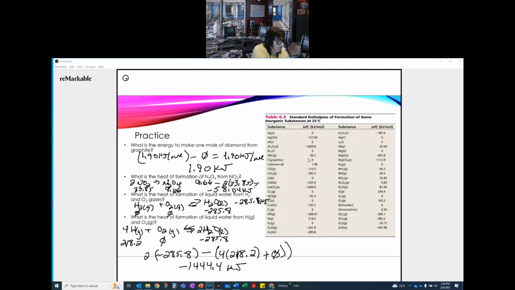It's not so bad. Now, as far as equations on the test go, let me verify. I don't think that I gave that to you. And I don't see it anywhere here. So it doesn't say that the sum of the products minus the sum of the reactants.